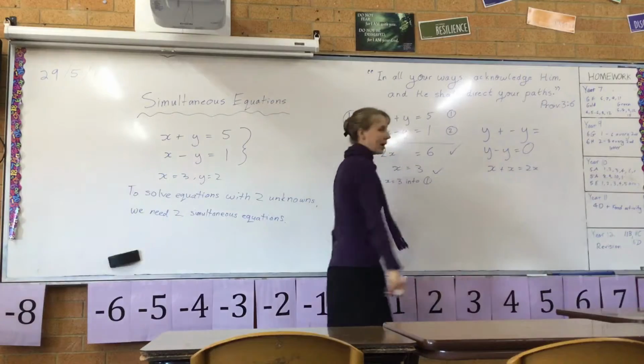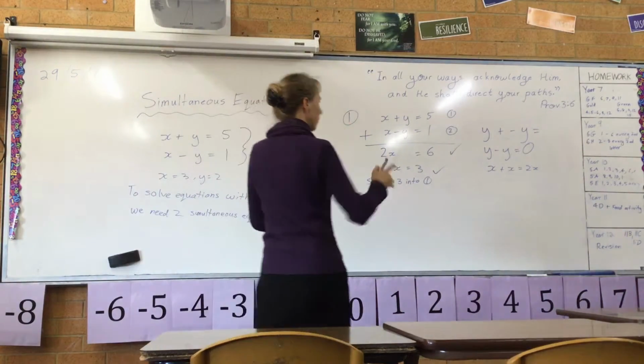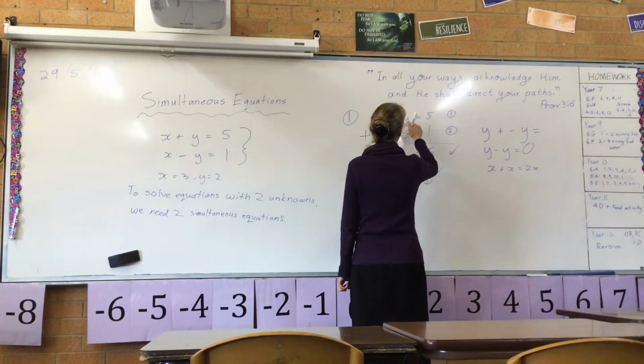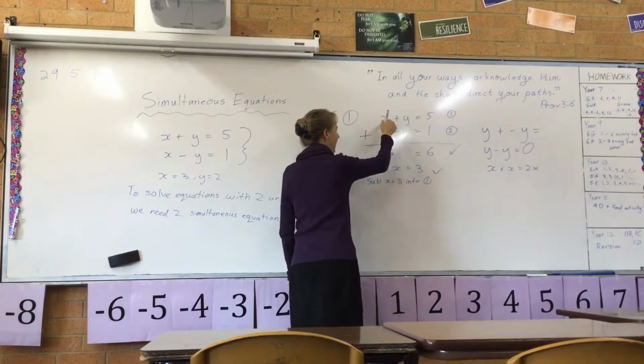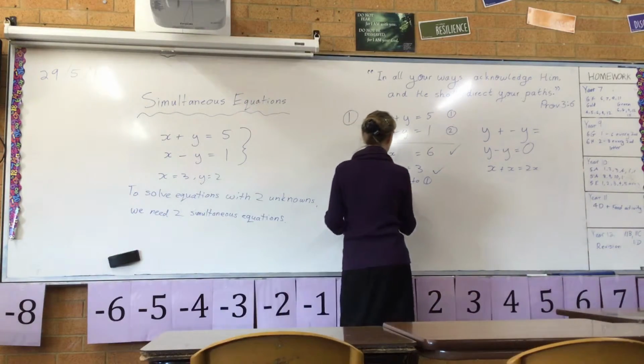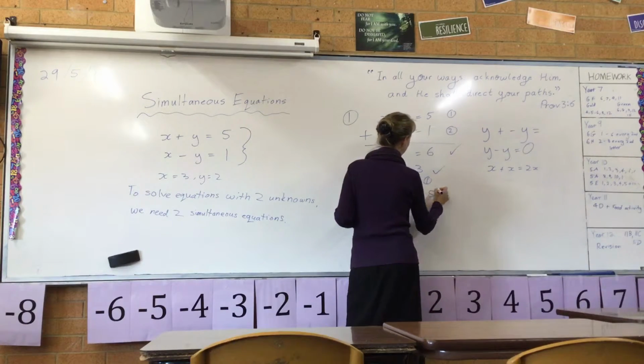You're going to get the same answer whether you sub it into 1 or into 2. So we chose 1 because it looked easier. So instead of x plus y equals 5, I already know what x is. What is x? 3. So instead of writing x, we're going to write 3 plus y equals 5.